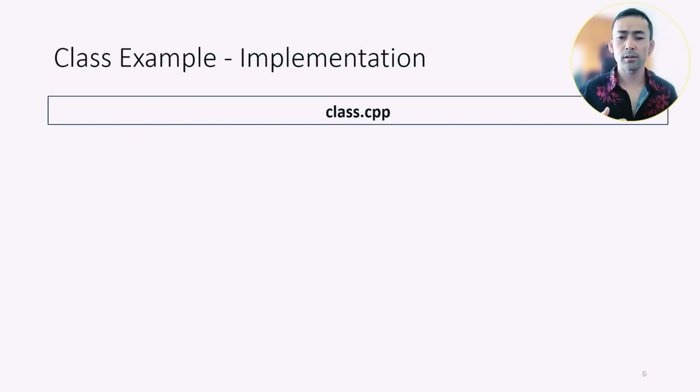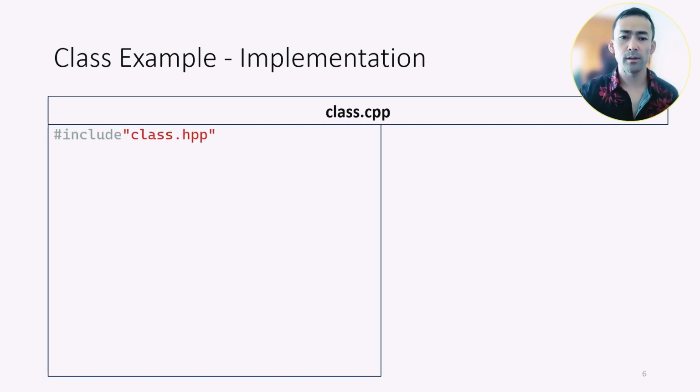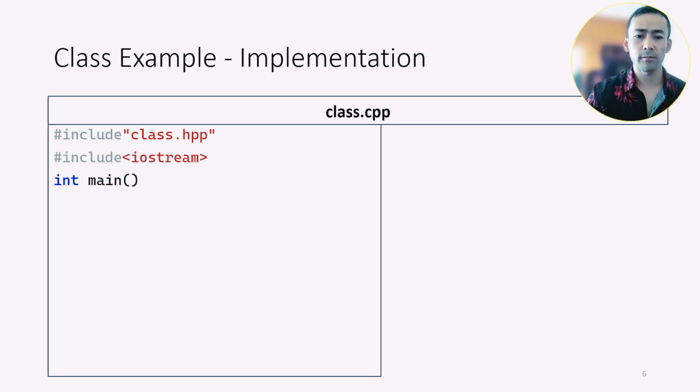As previously, we already declared the class person. Now we did implementation. The class .cpp, and there we include the class HPP header file, include iostream, and we may have one main function.